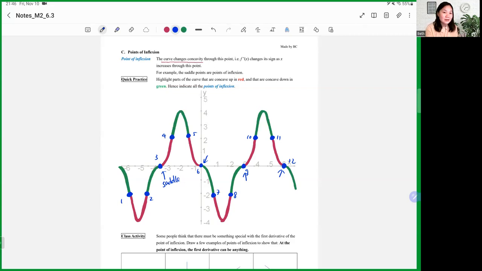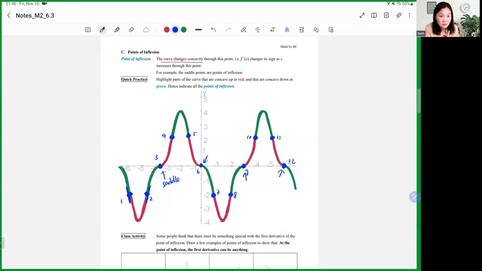Okay. Now, saddle points are definitely points of inflection, but not all points of inflection are saddle points. As you can see, this one is not stationary. No. This one has a slope not equal to 0. This one has a negative slope.